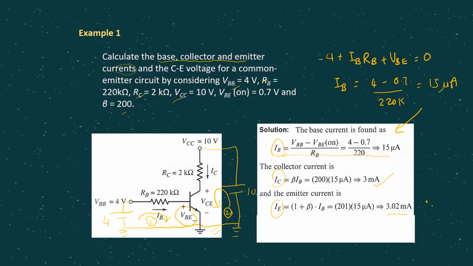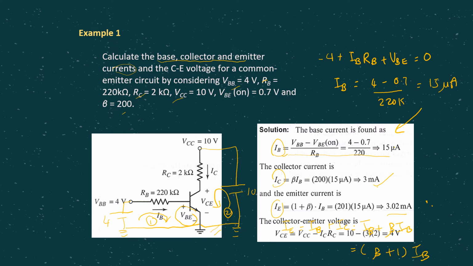In this case, IE shown as beta plus 1 IB is actually the same thing, because remember IE equals IB plus IC, and IC is beta IB, so if we factorize we are going to get beta plus 1 IB, which is the same thing like the formula here.